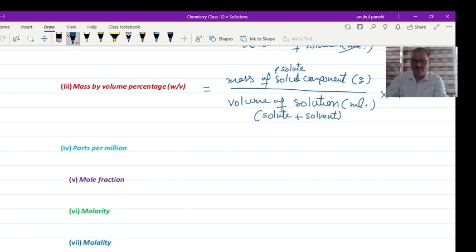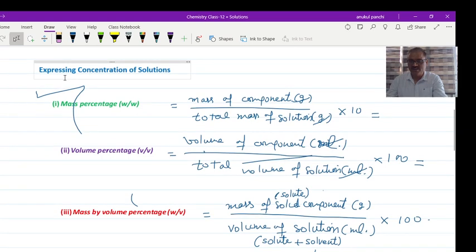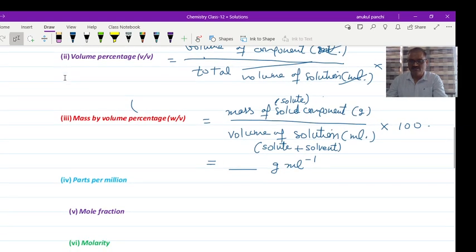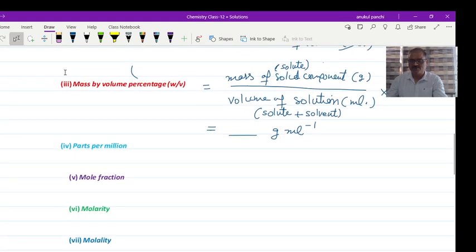So you can also write it like this: mass of solute in gram upon volume of solution in milliliter into 100. And see one more thing, when you get the answer, this answer will have units also. The answer will be something into gram per milliliter. The first two methods did not have any units, you see, but here the answer will have units also.